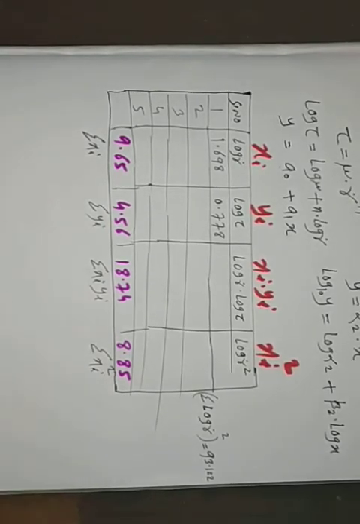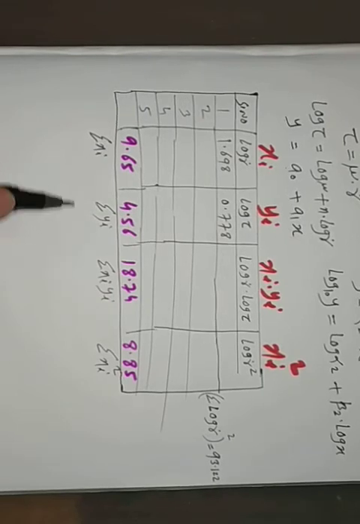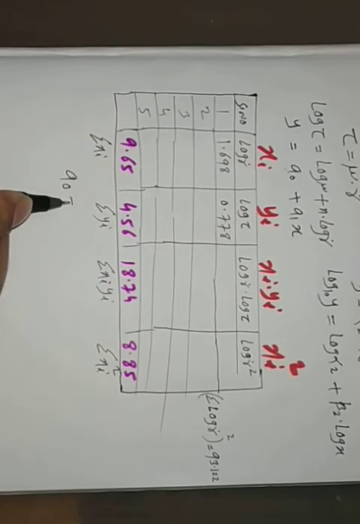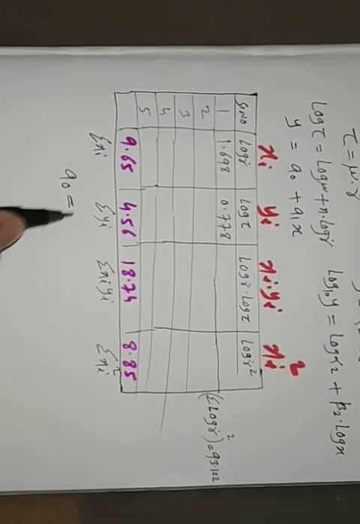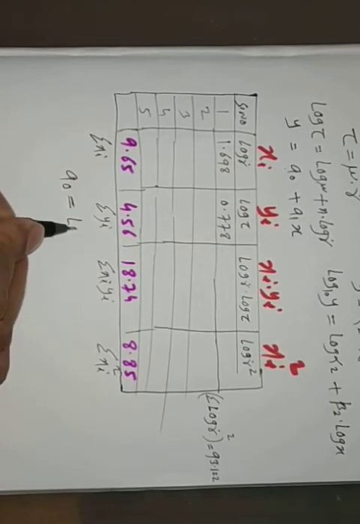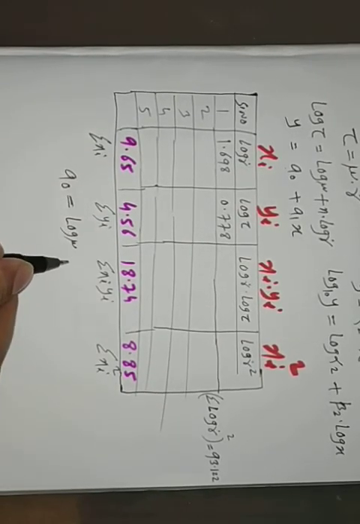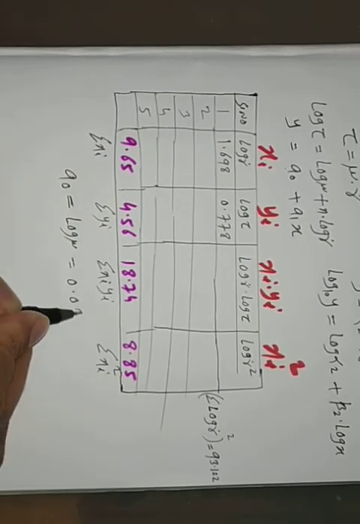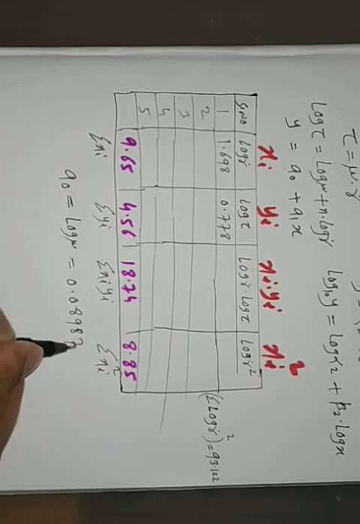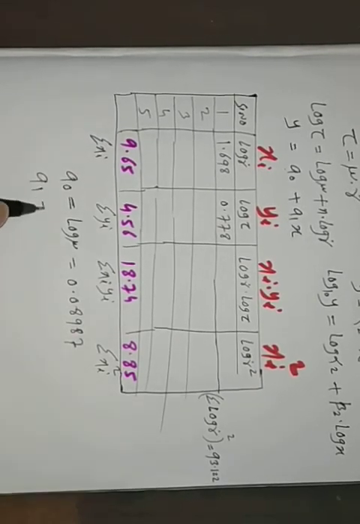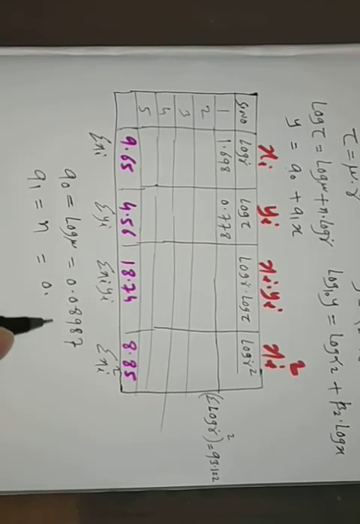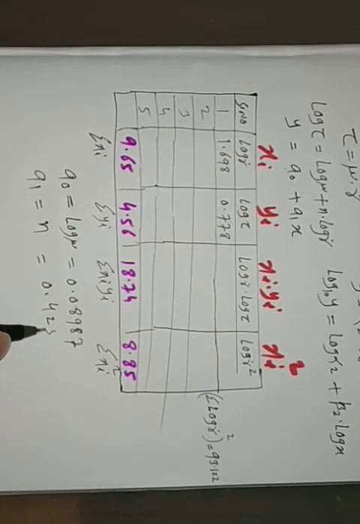So after finding out all these things, you should get a0, which is equal to log of mu, equal to 0.08987, and a1 is equal to n, equal to 0.4259.